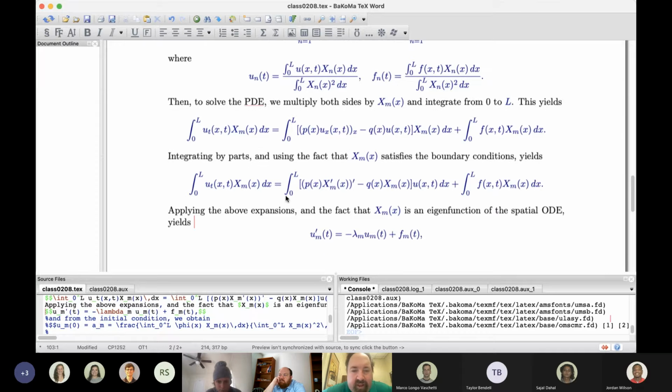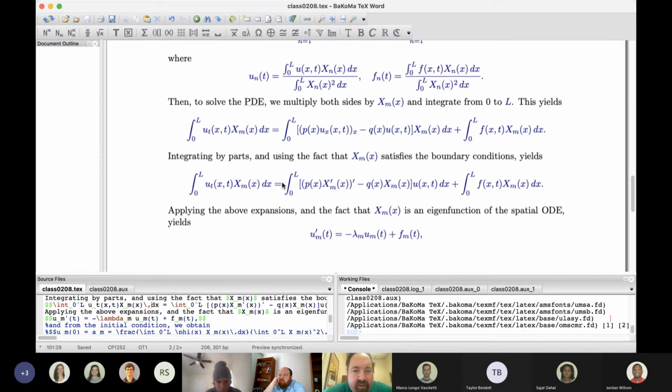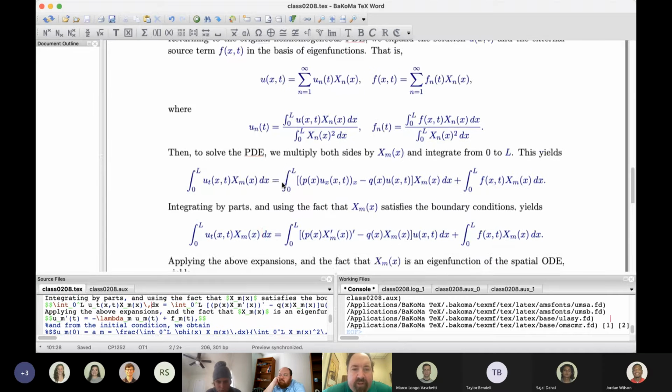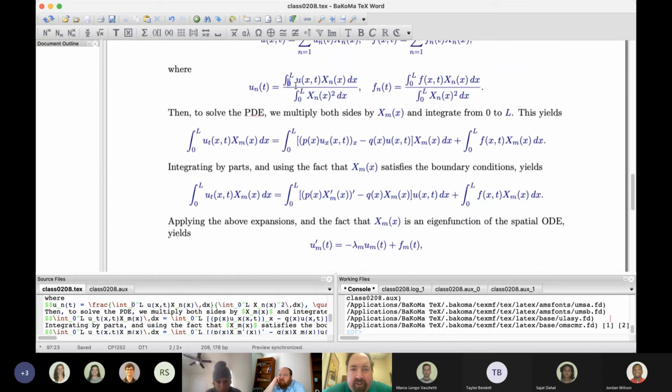Now, this right here, if we keep in mind this formula right here, the numerator is exactly the same, except here I have a derivative with respect to time.